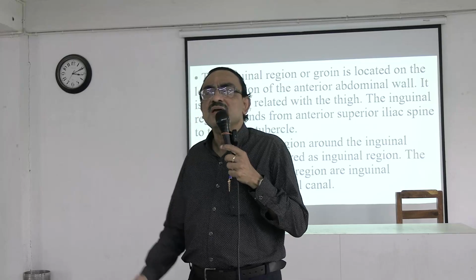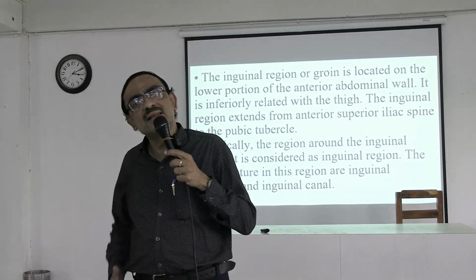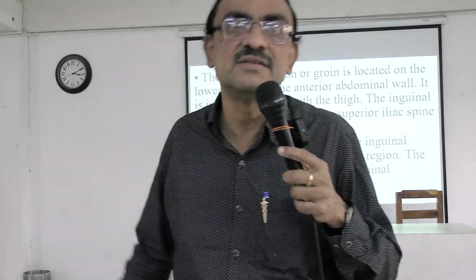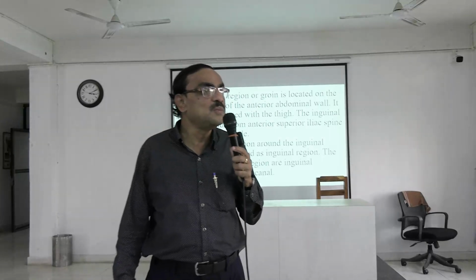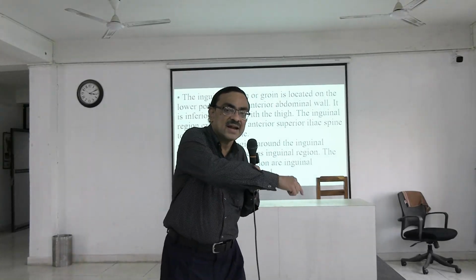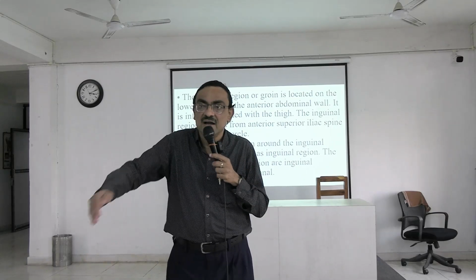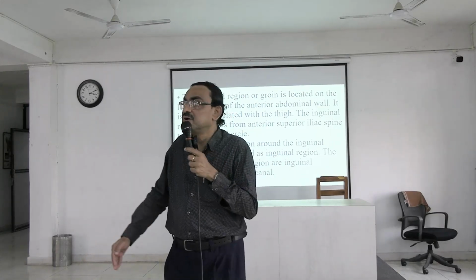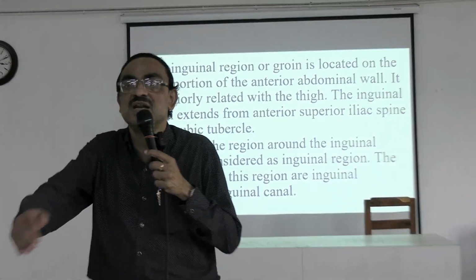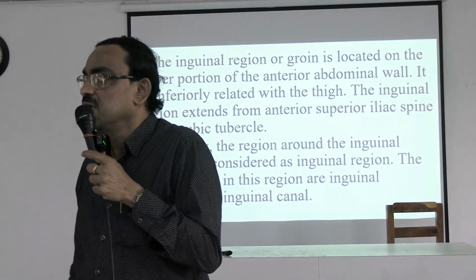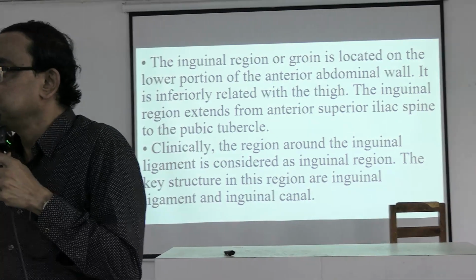Now in this inguinal region, we will get the external oblique, internal oblique, transversus abdominis, and if you go deep to the transversus abdominis, what will we get? We will get another layer, a fascia called fascia transversalis, which is intimately attached on the posterior aspect of the transversus abdominis.